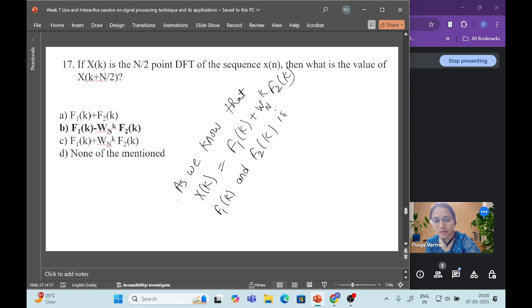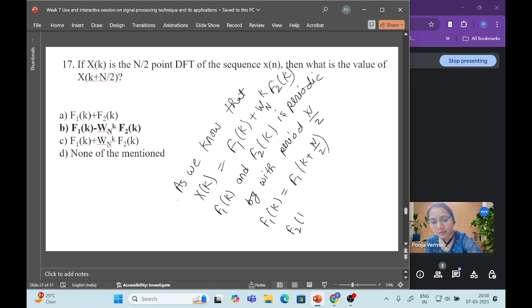They are periodic with period N by 2. Okay, so F1(k) is equal to F1(k + N/2), but in F2(k), the phase factor is there.